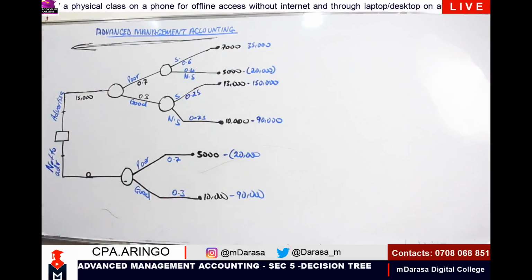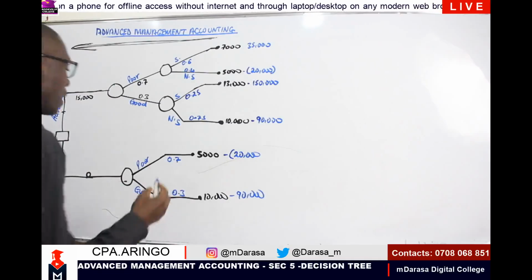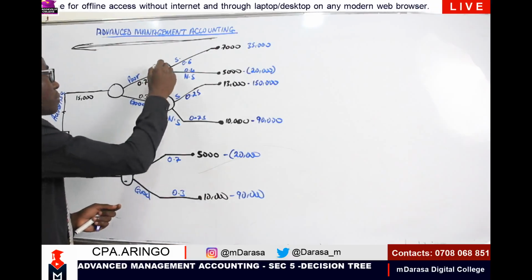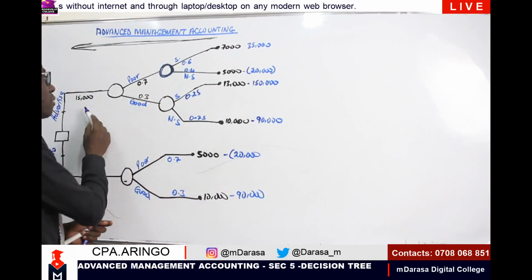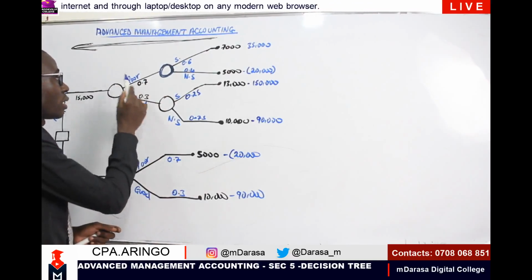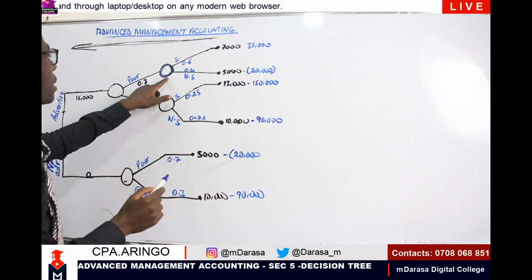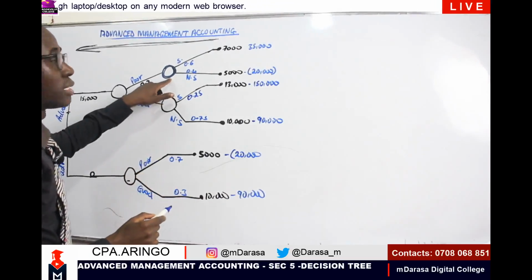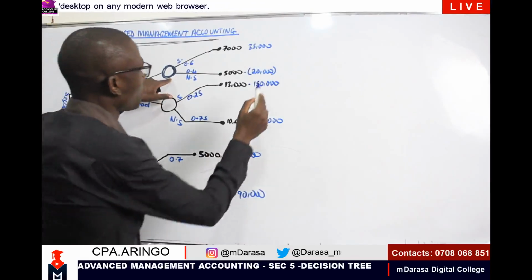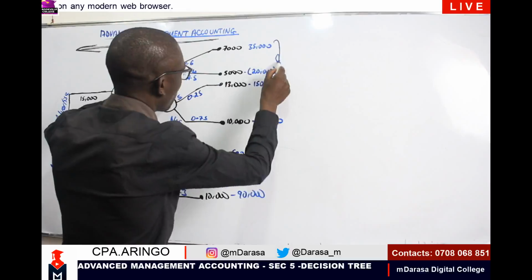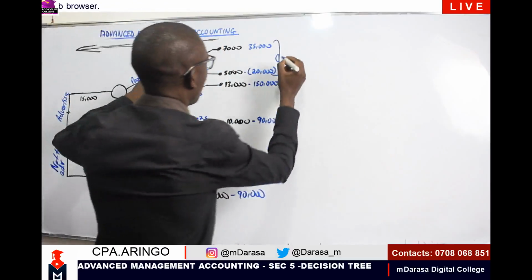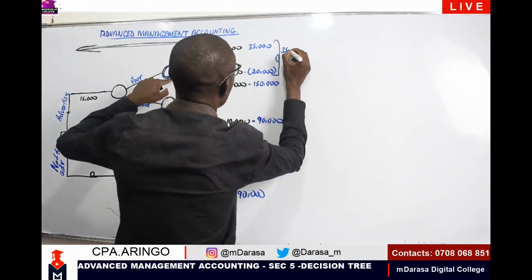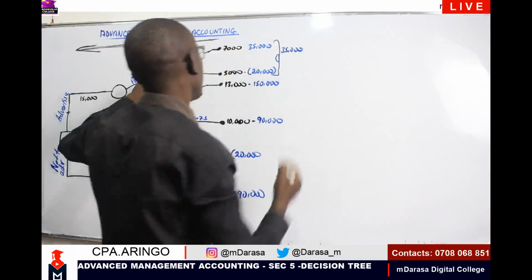Now I want us to work backwards. I need us to determine our expected revenue if I have advertised and the weather is poor. So what are we going to do? I am going to take these two, my good students. We are going to have 35,000 being our profit.